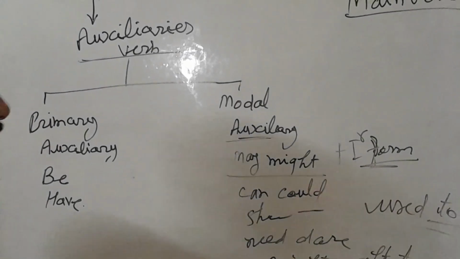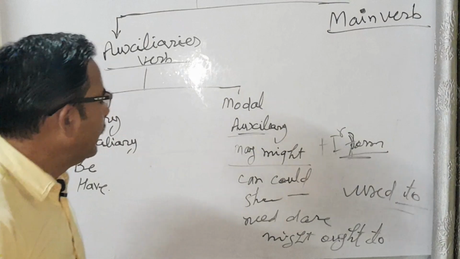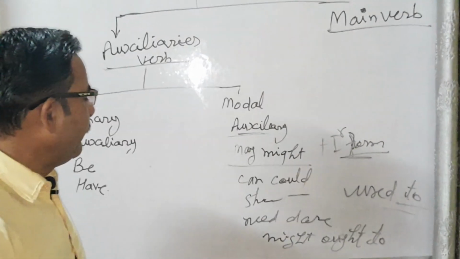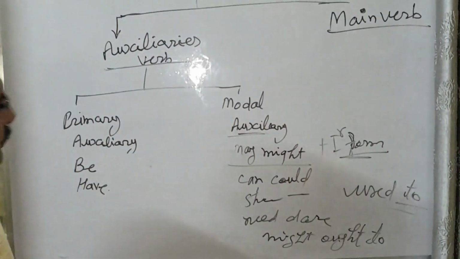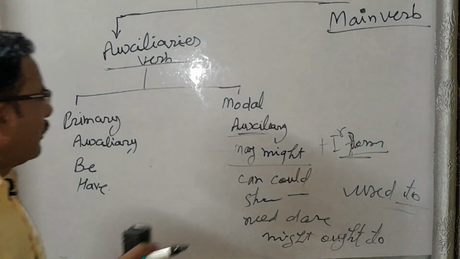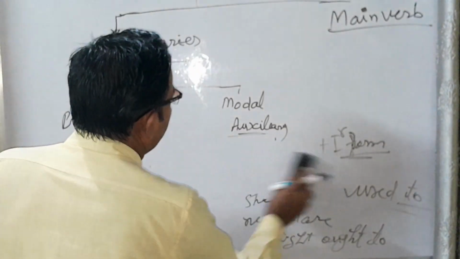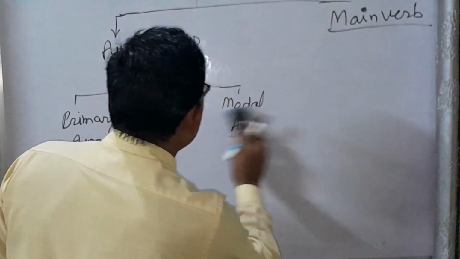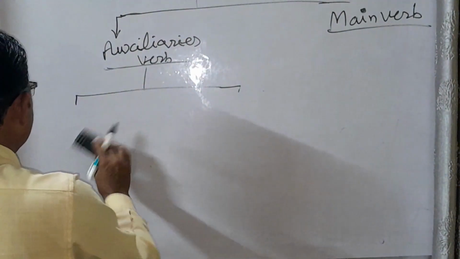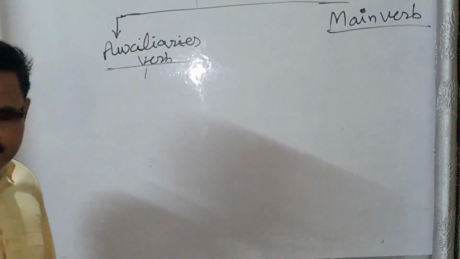Must is also used as advice, but it shows prohibition or strong possibility. In the same way, I will teach you one by one where we can use different modals.